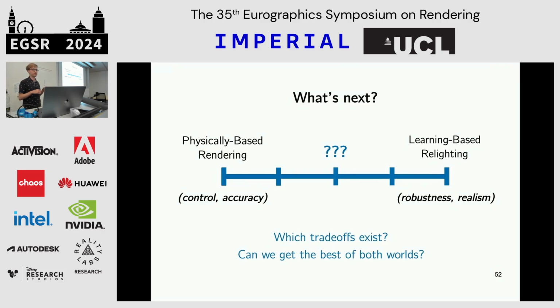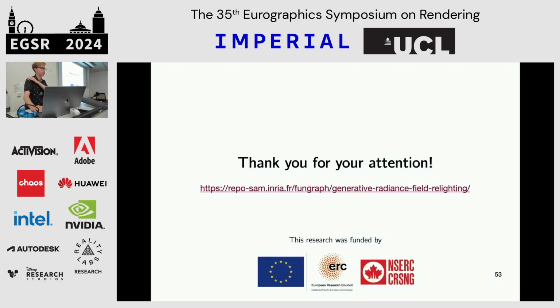And the other extreme is physically based rendering, where we know everything in every detail perfectly. We know the equations of everything, we calculate everything, and we get physically correct results. But we're very sensitive to errors in our inputs. So there's probably a lot of in-between options that have not been explored yet, and we'll see in the next few years what people will be able to come up with, and I think it's going to be really interesting.